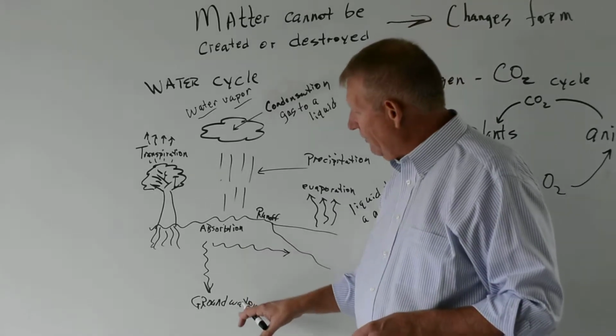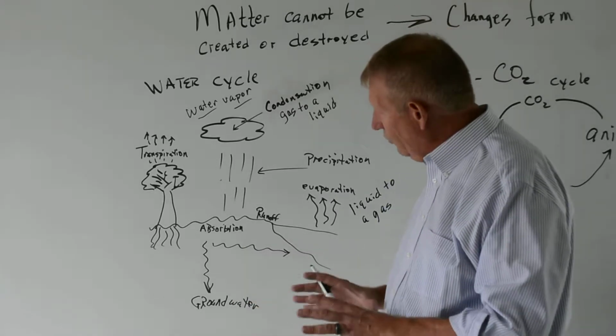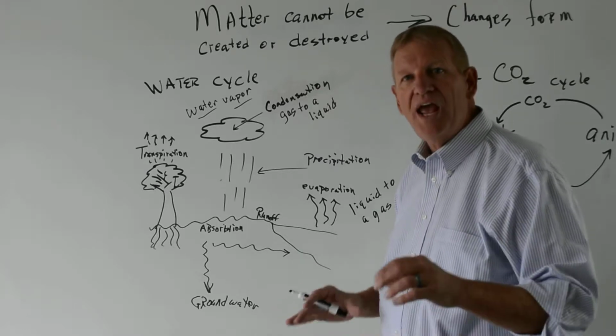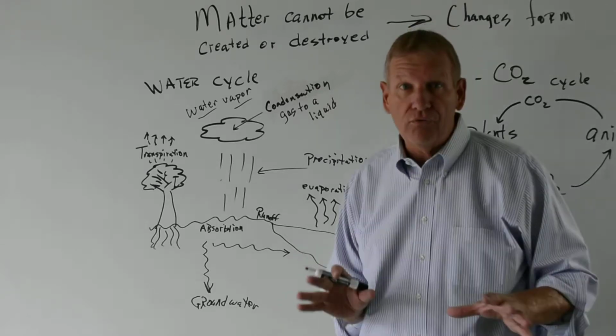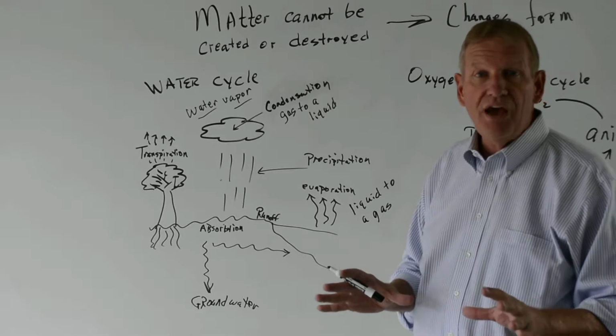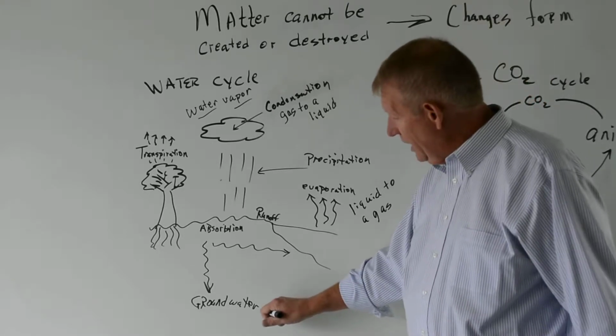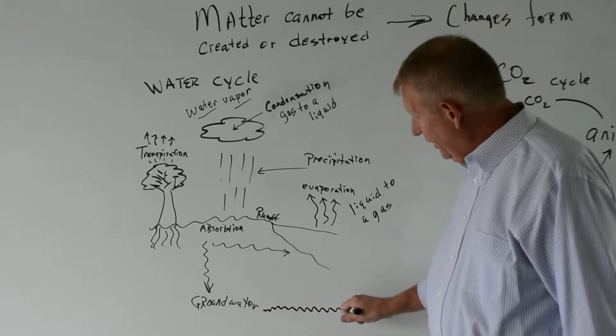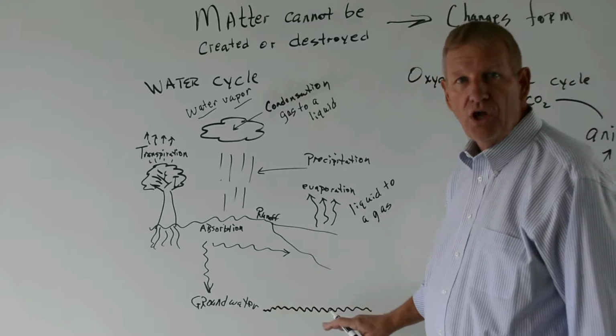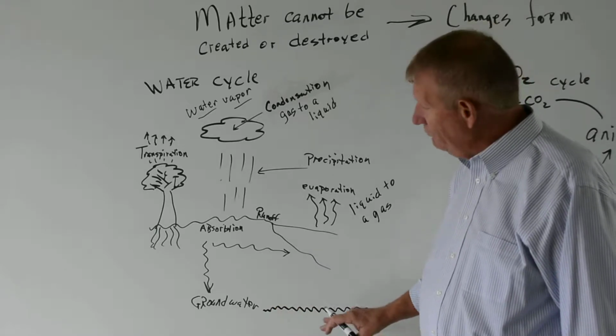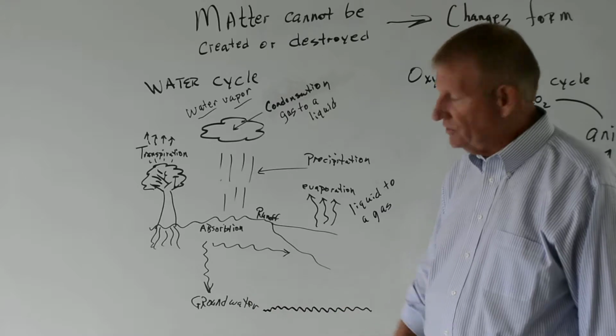Well, we have groundwater. Now, that groundwater is kind of interesting because we even have underground aquifers that store water, and we even have underground rivers. And so this underground river could actually even take the water to the ocean or to a river or to a lake, or it may stay in the ground in pockets of water.